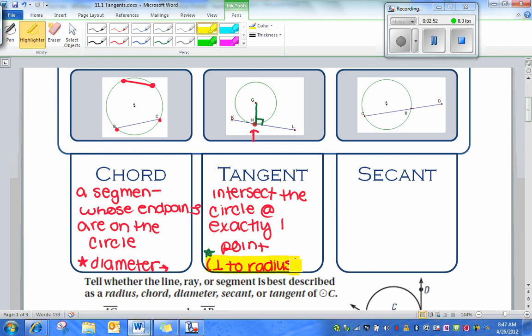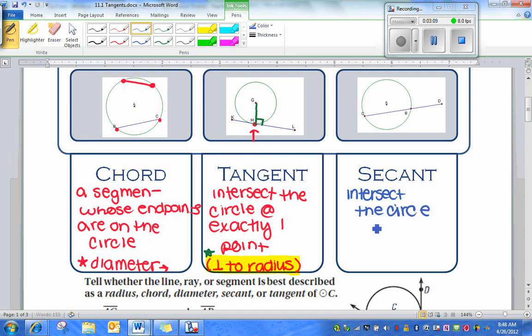The last thing we're going to talk about are secant lines. Secant lines also go through the circle, but see how they intersect the circle at 2 points. So it literally goes straight through the circle and intersects the circle at 2 points.